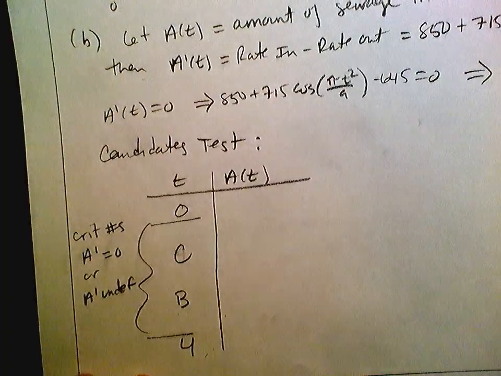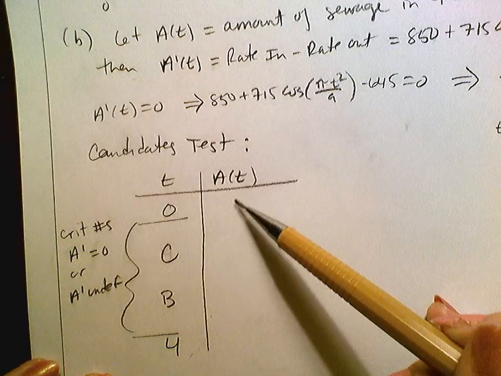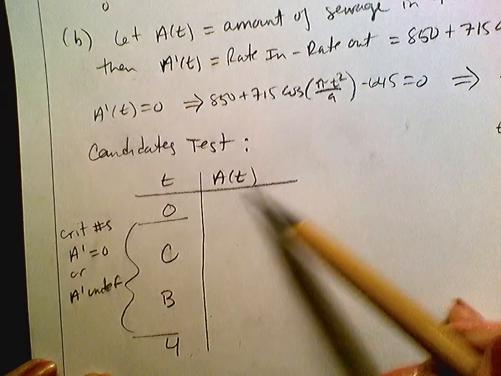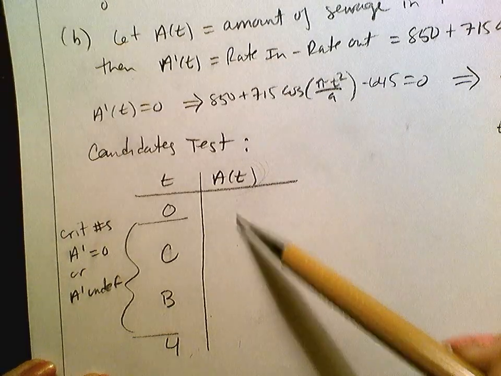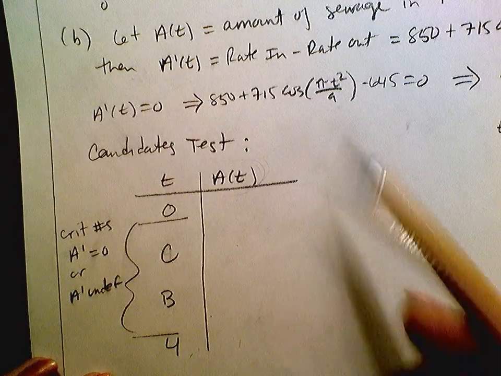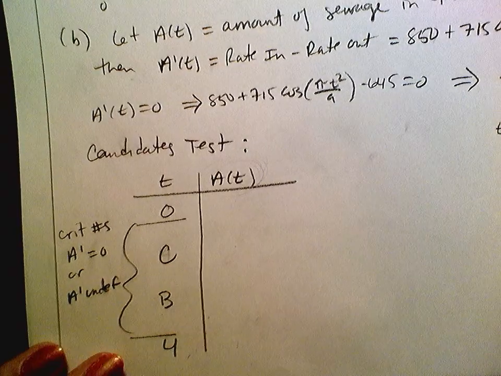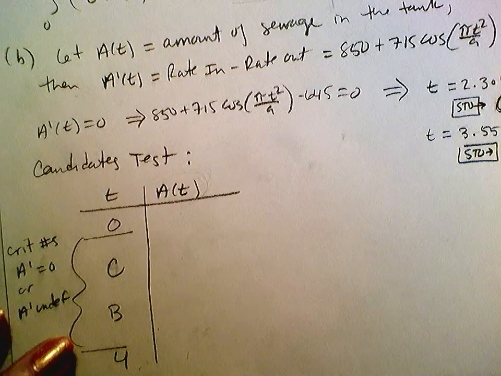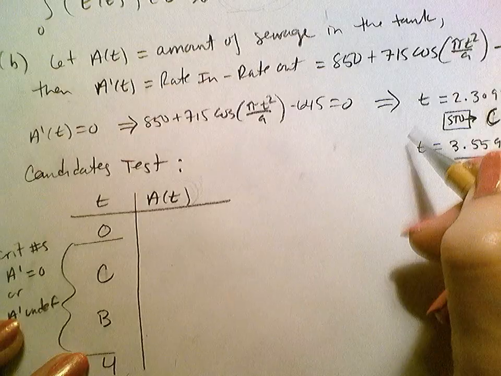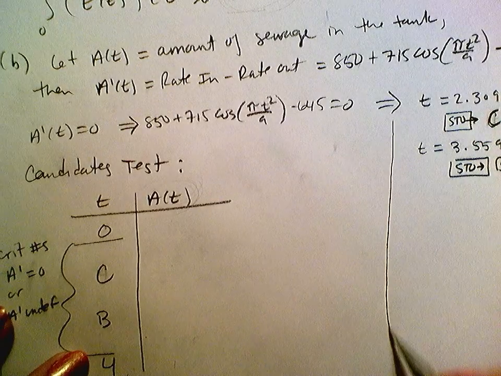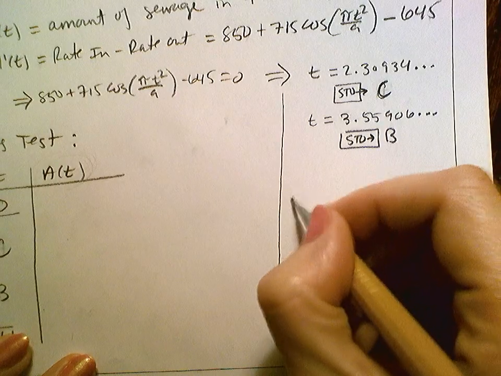Okay, guys. Now, for the candidates test over here, we need the function A of t to get the outputs. Well, if you want A of t, so maybe off to the side here. We'll go off to the side here.